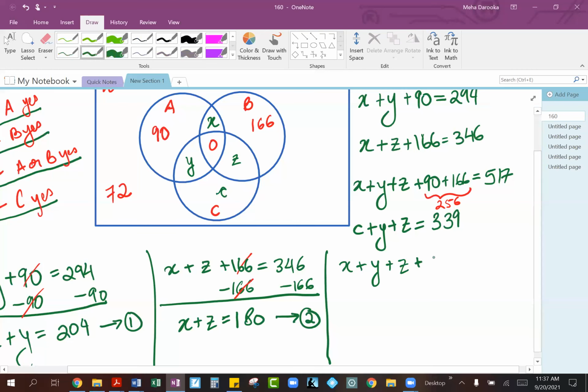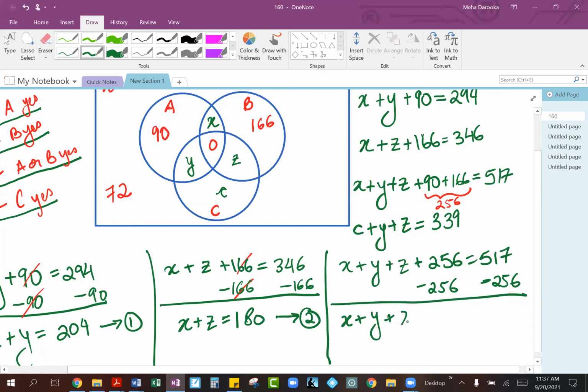So that can be plus 256. And then, just like we did with the others, go ahead and subtract that number on the other side. So 517 minus 256 will leave us behind with 261. And we can call this our equation 3.